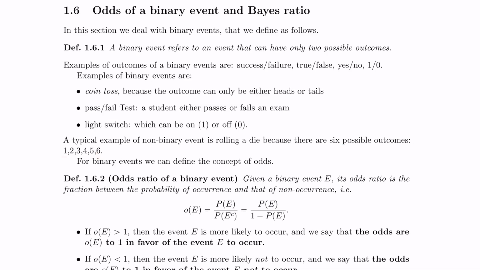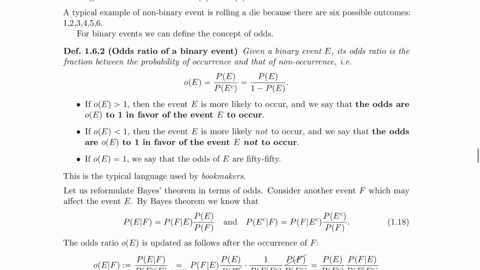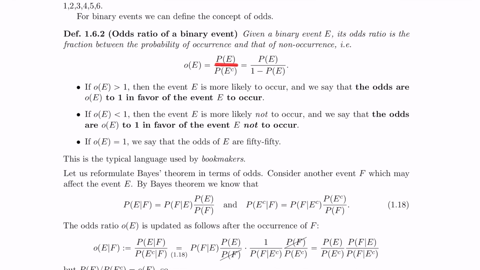Given a binary event E, its odds ratio is the fraction between the probability of occurrence and that of non-occurrence, that is, either P of E divided by P of the complementary of E, or P of E divided by 1 minus P of E. If the numerator is larger than the denominator, then we say that the odds are O of E to 1 in favor of the event to occur.